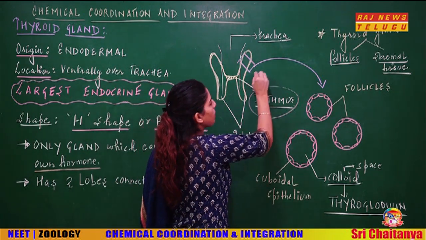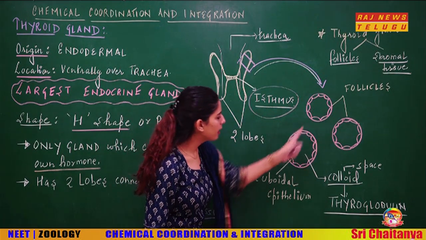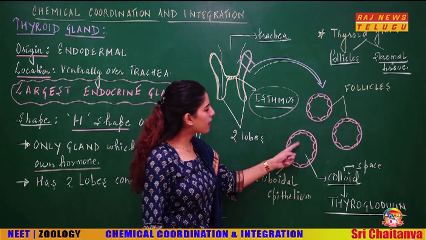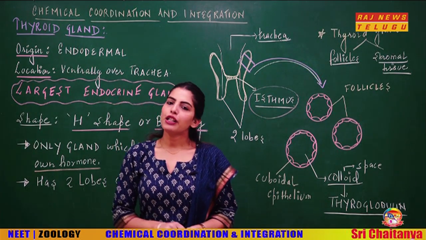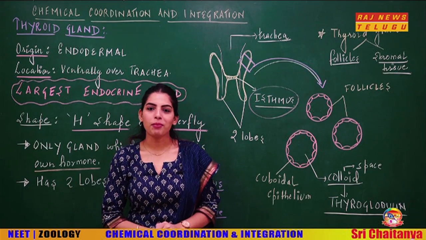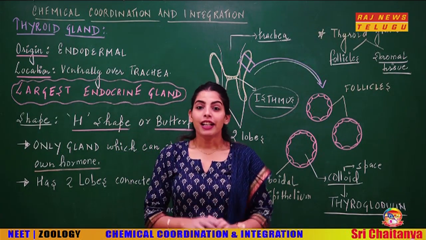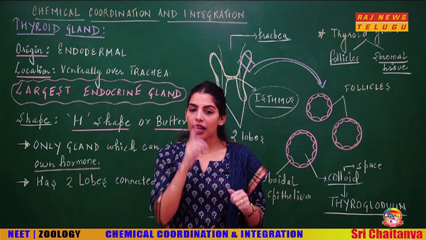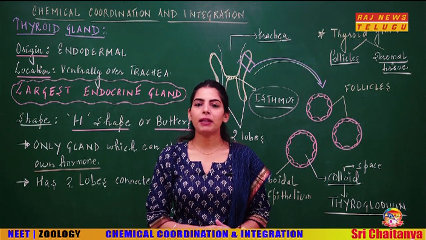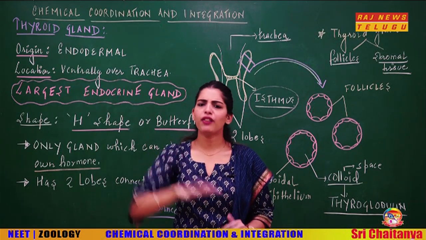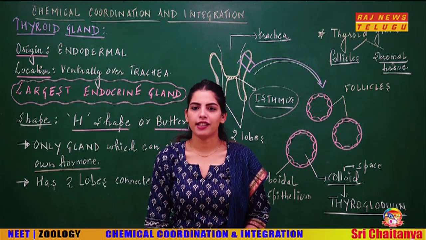When you zoom this part of the lobe of the thyroid gland, can you see these round structures? These round structures are the follicles of the thyroid gland. Students, in the animal tissue chapter, we have read about different types of epithelium, including the cuboidal epithelium, which has no modification on the plasma membrane and has a smooth surface.